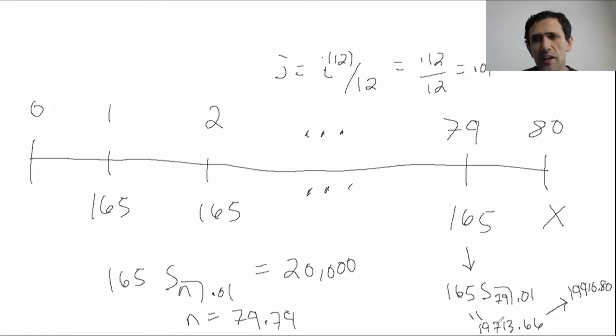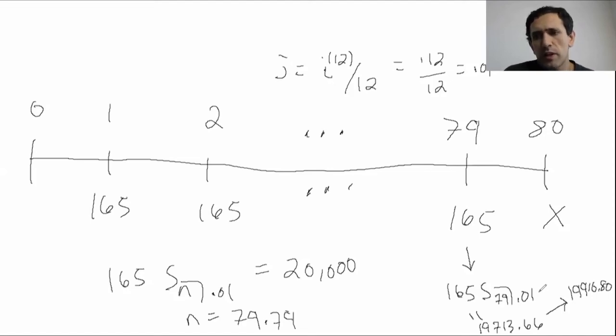Okay, and again, just not to sound like a broken record, it's not clear at all that earning 1 month of interest, that 19,713.66 wouldn't go past 20,000. We just had to do the work and see.